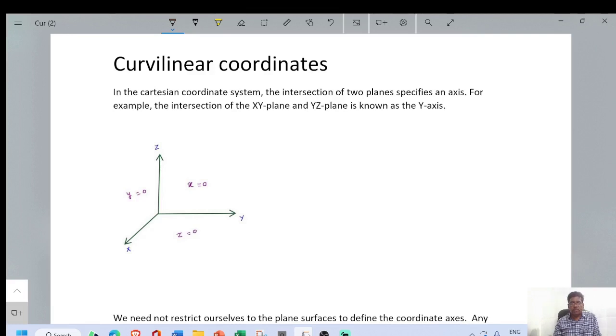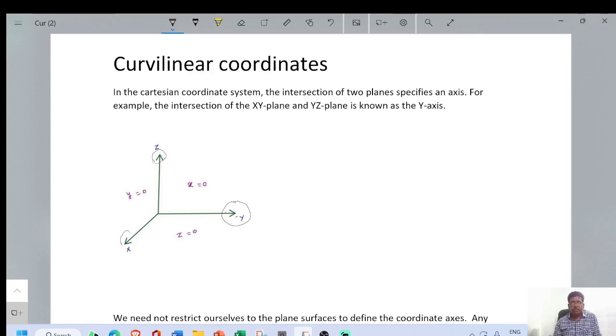So the y-axis is specified only with the intersection of xy and yz planes. If you want to specify z-axis, you should be familiar with the intersection of yz and zx planes.